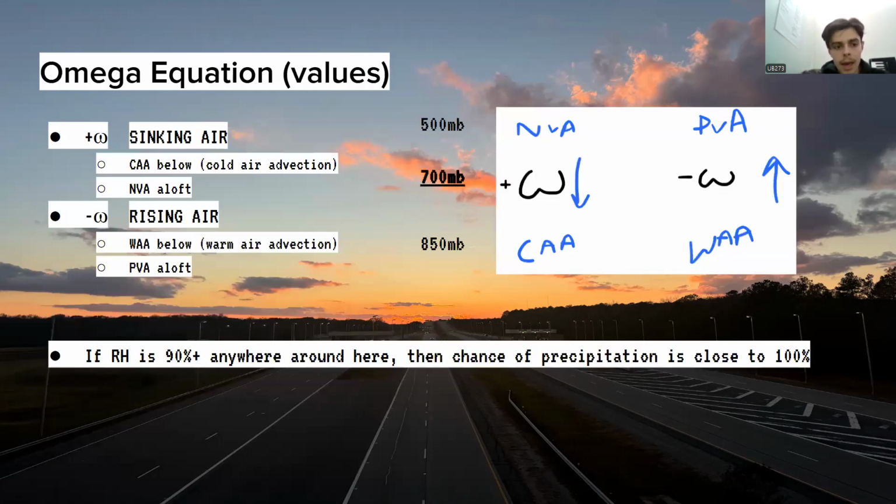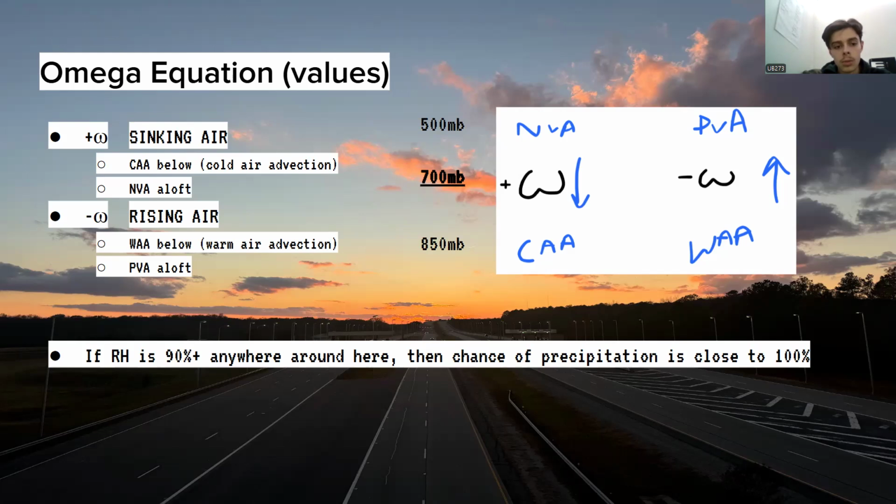All right, omega values. Omega values are basically able to tell us if we have rising or sinking air. If we have a positive omega value, sinking air is what there is. Negative omega, rising air.